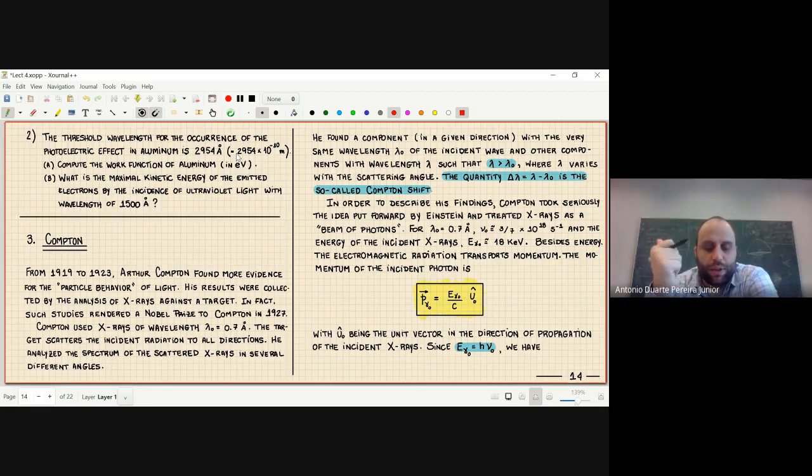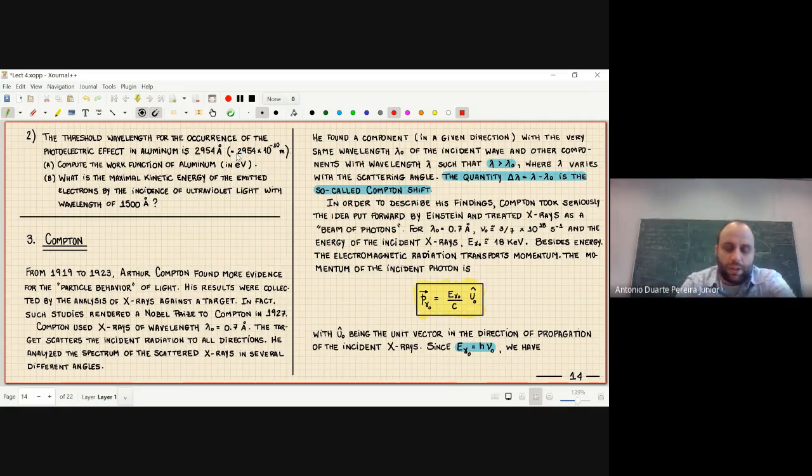We have, first of all, the value of the threshold wavelength. This means that above this value of the wavelength, I don't have the photoelectric effect. Okay?